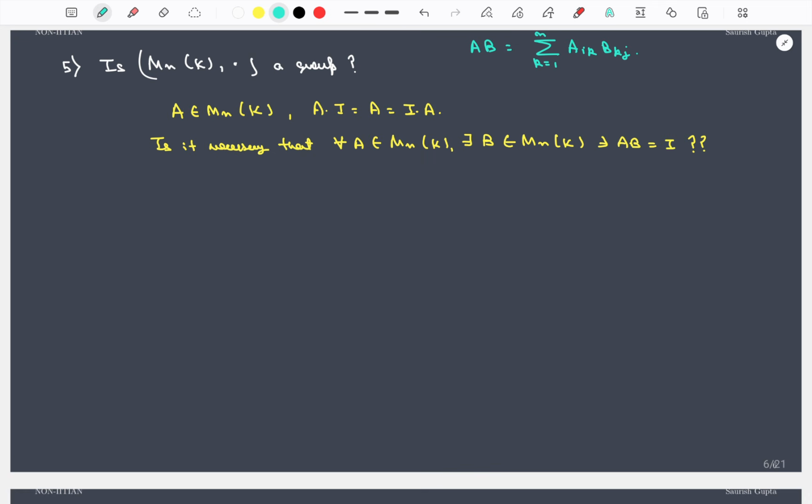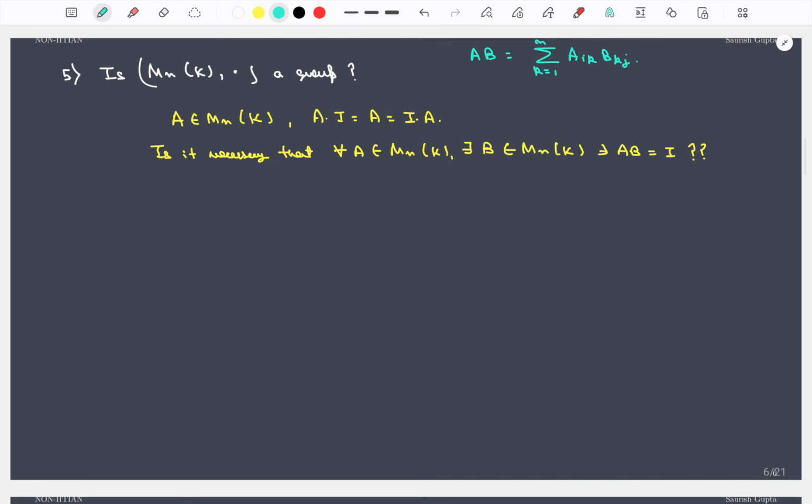So in case of a square matrix, if you have something multiplied from its left to get you identity, you will also get something multiplied from its right to get you identity. And that particular element is what is famously quoted as the inverse of A. And we know that every matrix does not have an inverse. For a matrix to have an inverse, its determinant must be non-zero, and every matrix need not have a non-zero determinant.